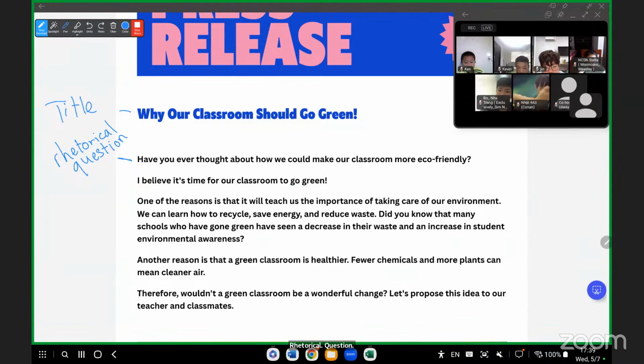This type of question is used to make the reader think. So have you ever thought about how we could make our classroom more eco-friendly? How could we make our classroom more eco-friendly? That's what it's designed to do. Get the reader thinking and get them engaged in this piece of writing. So what do we have next? What do we have next?